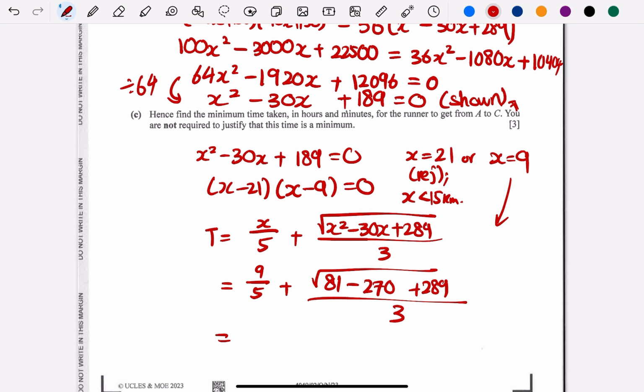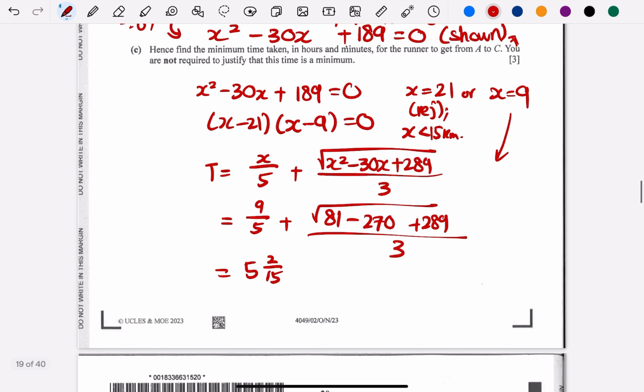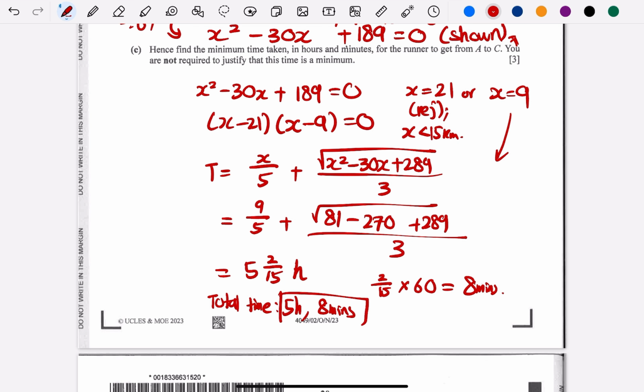You will get this to be 2 over 15. And this is also the same as when you multiply 2 over 15 by 60. This is in hours. It's the same as 8 minutes. So total time, 5 hours, 8 minutes. This is your final answer.